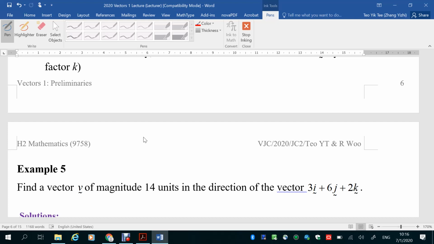So what should you do? Make use of the concept of proportion to help you.